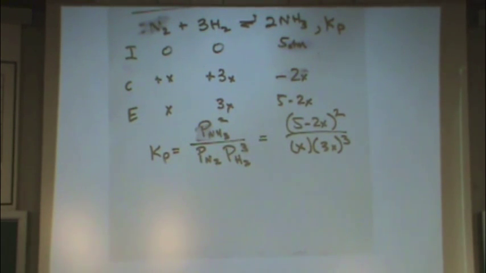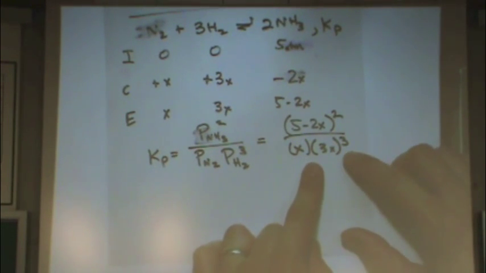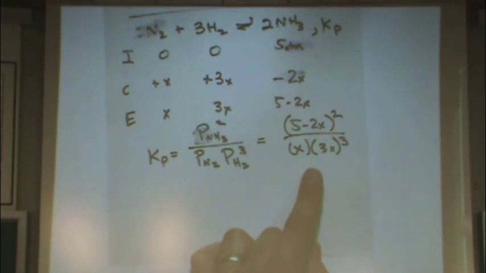The way I picked the problem, this would be hard to solve. But if you had this on an exam, most likely this would be some form of a quadratic. And then you probably have to use the quadratic formula if you have a KP problem. I would say, at least half of the time, it'd be a quadratic formula sort of thing. There's usually nothing you can assume is small, in general.